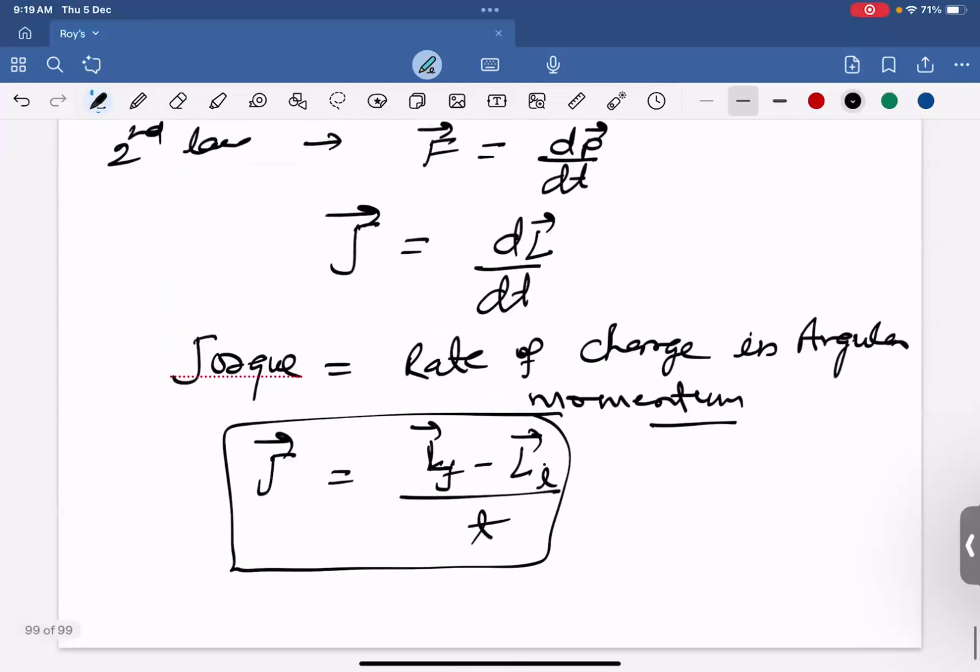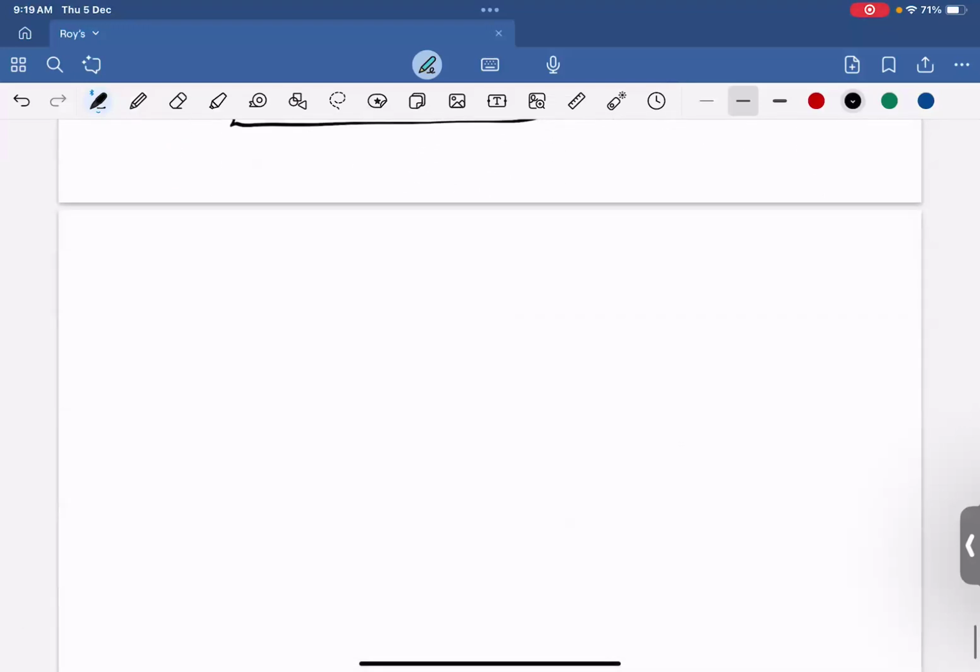So you can see question number 27, try yourself. This is page number 28. A particle of mass 1 kg is moving about a circle of radius 1 meter with a speed of 1 meter per second. Calculate the angular momentum of the particle.